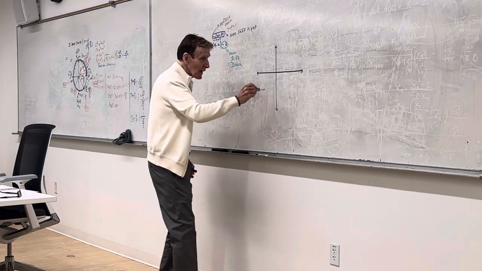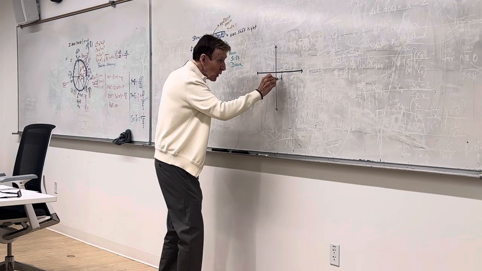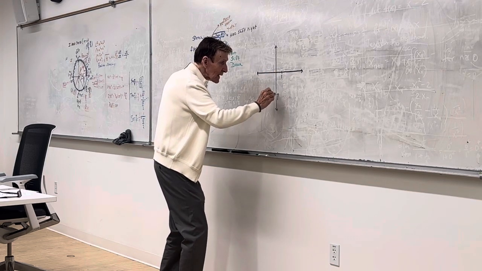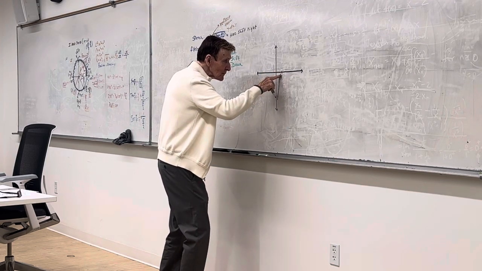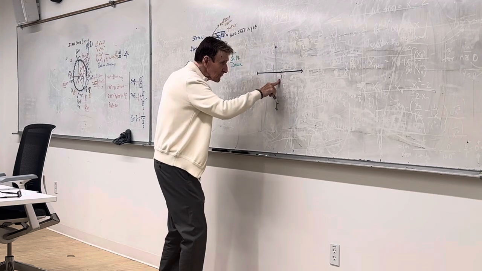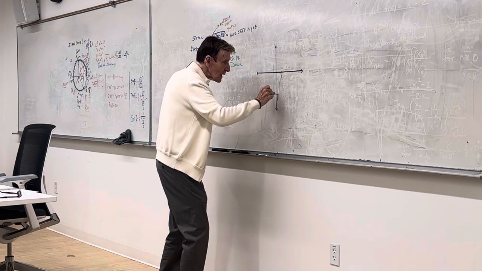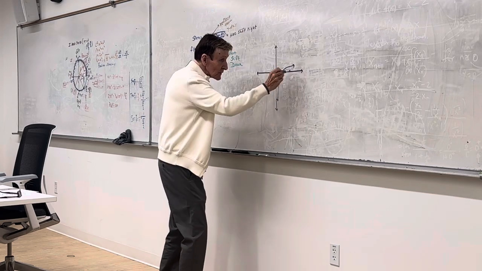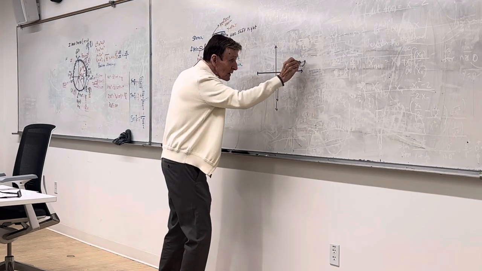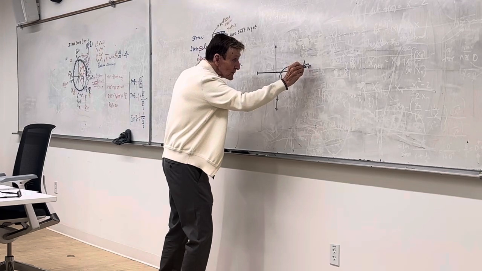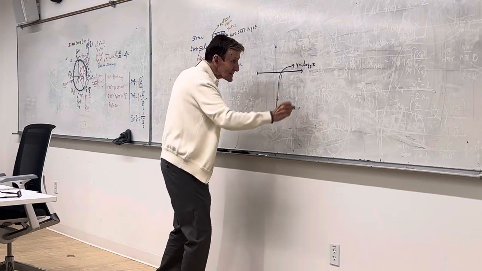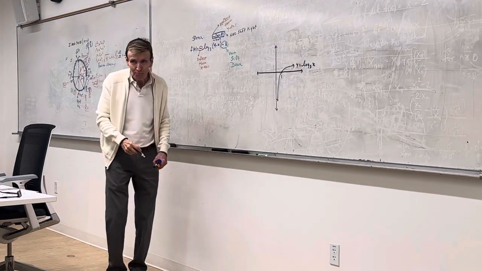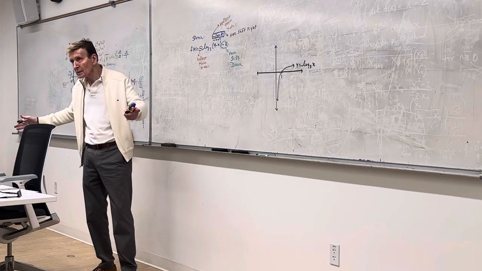So guys, a parent graph will have an x-intercept at 1. It's going to look something like this as a shape. So this represents a parent graph, in this case log base 3 of x. All the logs look like that, basically.